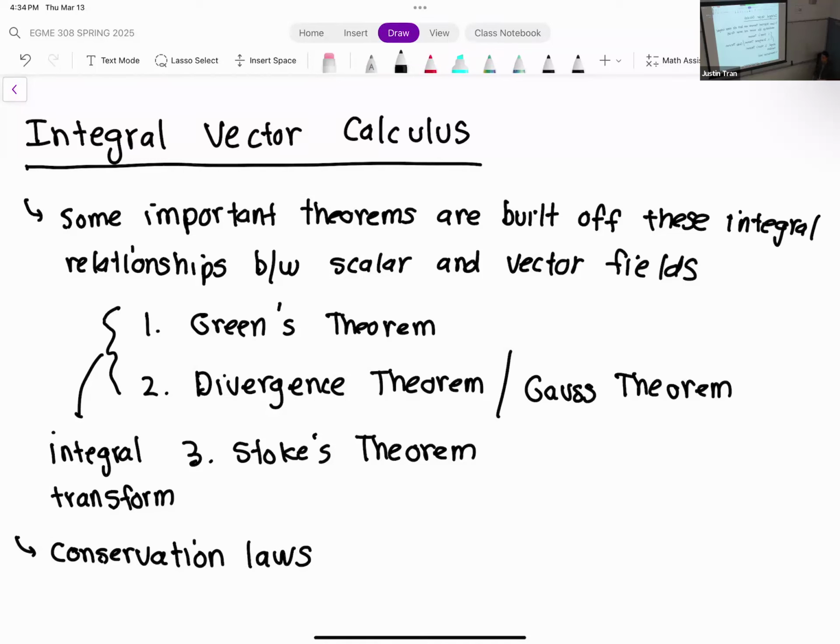Conservation laws form the backbone for a lot of our theories: conservation of mass, conservation of momentum, conservation of angular momentum, conservation of energy. All of those conservation laws, in their pure form, are often expressed as integrals.